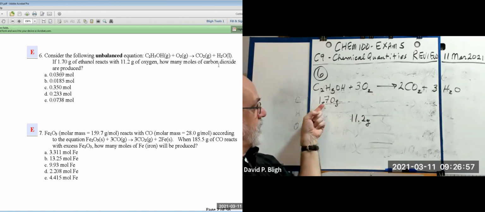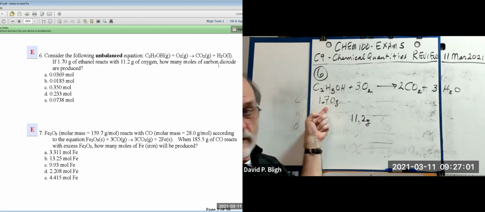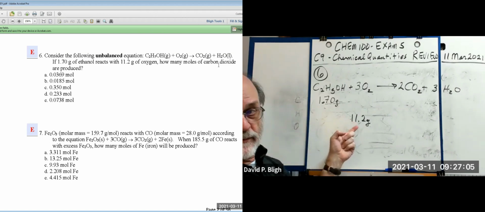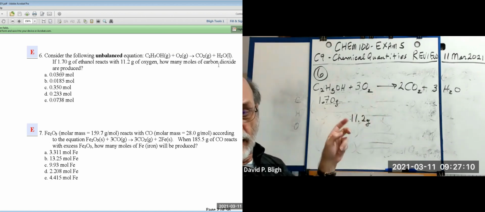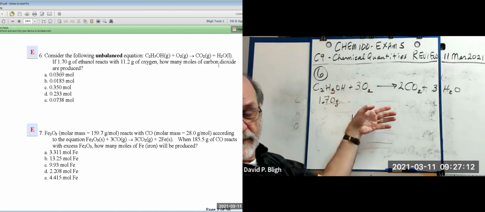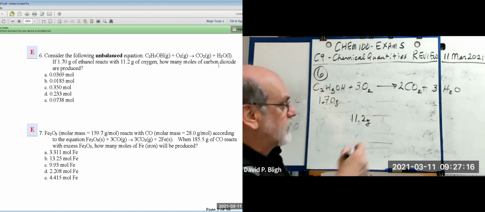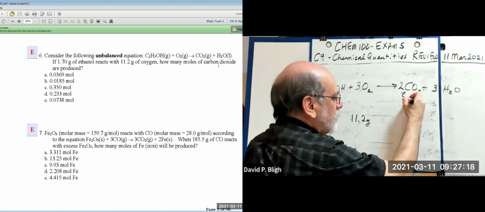How many moles of carbon dioxide will be produced if this is completely consumed? Then compare the two. When you have the comparison, the smallest one is your answer, because we're looking for the number of moles.